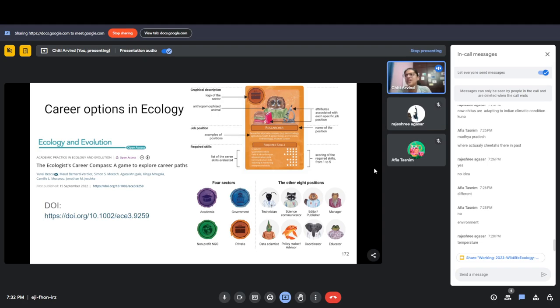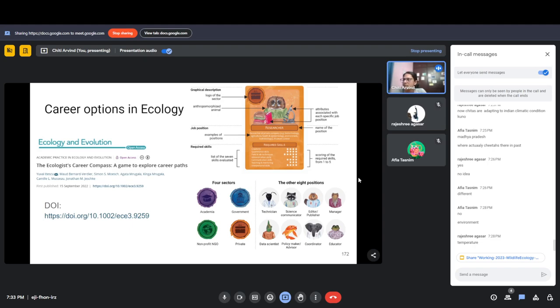You can be in academia, you can have a government job, you can work for any private sector, for any CSIR, etc. Or you can work for a non-profit such as an NGO that also might do independent research.